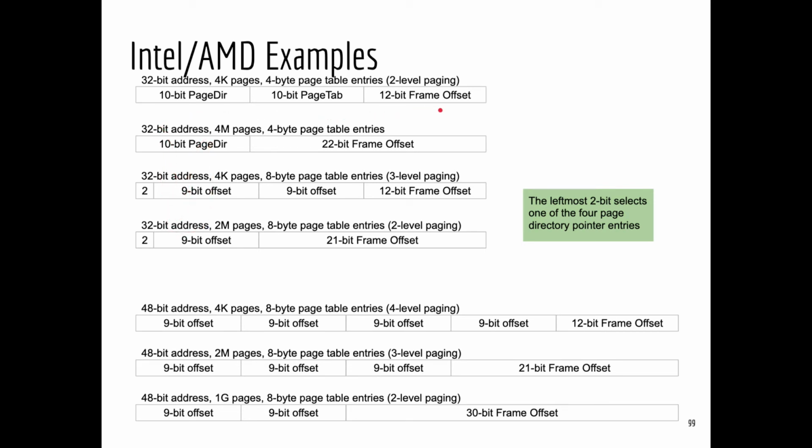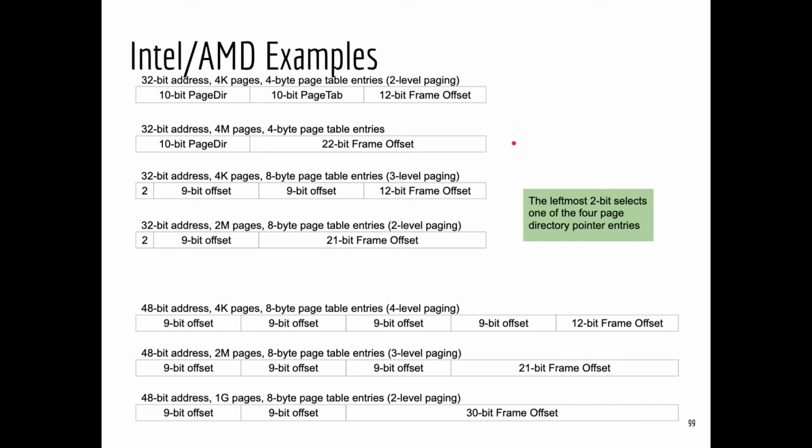The first format is actually the 2-level paging example that we saw earlier. The logical address is a triplet of 10-bit page directory, 10-bit page table, and 12-bit offset. So this is what we note as the outer page number and the inner page number.